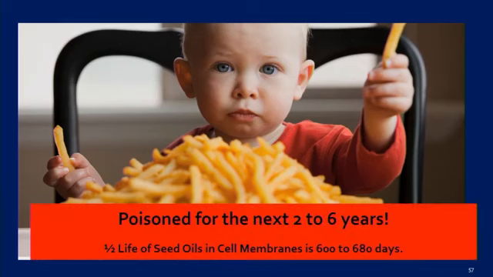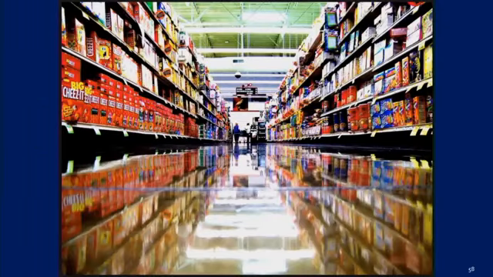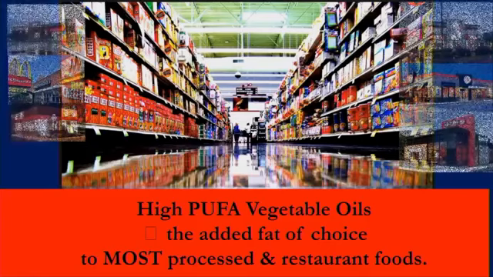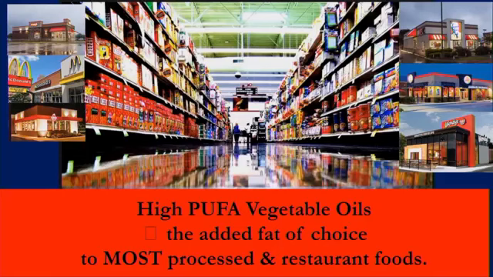Because the half-life of these oils in cell membranes is 600 to 680 days, right? I'm not picking on just French fries or potato chips. These oils are in hundreds of thousands of foods all around the planet, right? They are the fat of choice added to these foods, and they're in restaurants everywhere because they're the cheapest oils. They cost about $1 per kilogram.